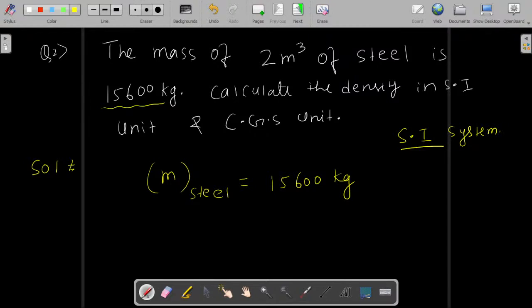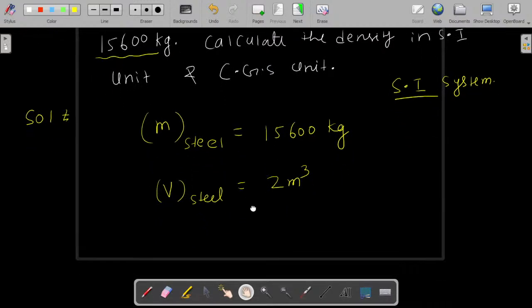Again, what is the volume here? Meter cube, it means volume. So volume is given 2 meter cube. We have to find the density. Write down, this is the symbol for density.